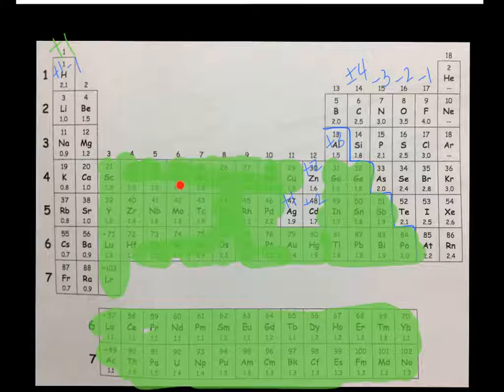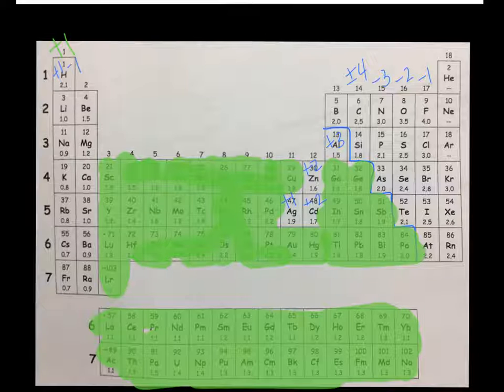I mean they have more than one oxidation number. So iron can be +2 or +3. Copper can be +1 or +2. And some of them have 5 or 6 different oxidation states. So we're not going to memorize all those. There's no reason to memorize them all. We are going to learn a method to be able to tell what it is by what it's bonded to.